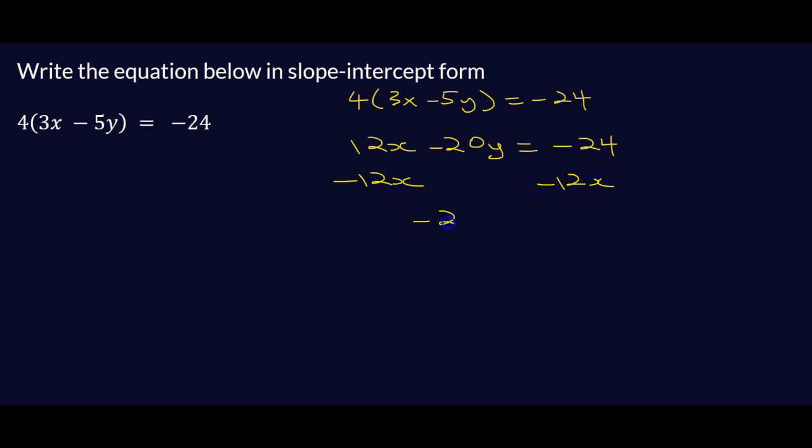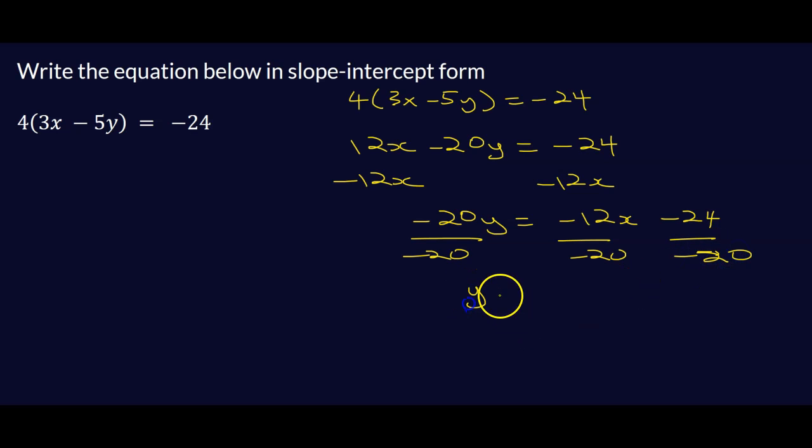And we have negative 20y equal to negative 12x minus 24. And now we divide every term by negative 20 and we'll have to simplify. So we have y equal to 3 over 5x plus 6 over 5.